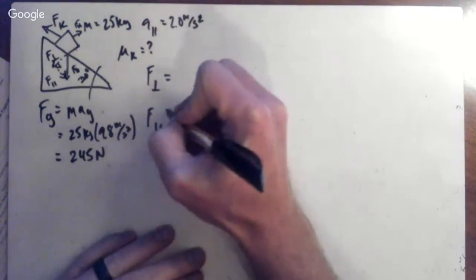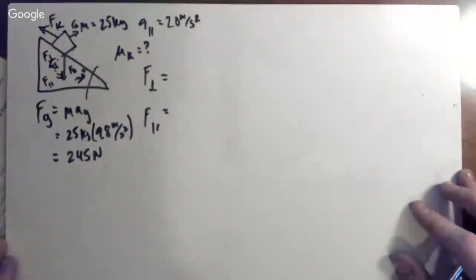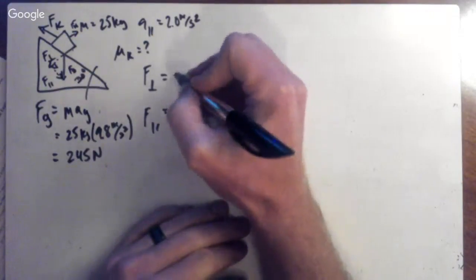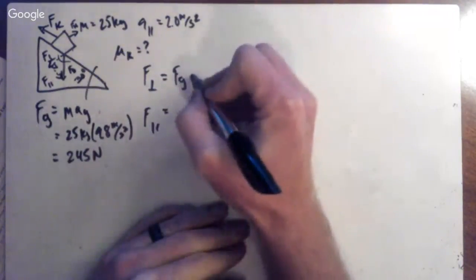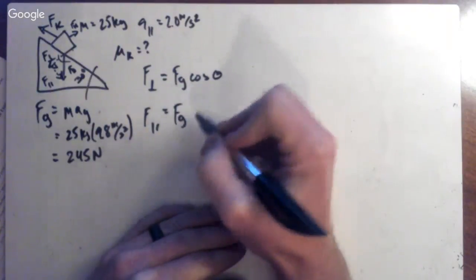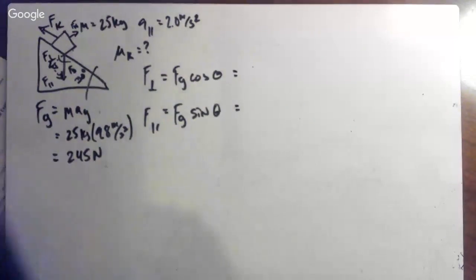So if this one leaves you a little bit mystified, feel free to check that one out. So F perpendicular is equal to our Fg, and it's our adjacent side to that angle. So it's Fg times the cosine of theta. And similarly, our parallel is the same deal, but with sine. So let's go ahead and calculate that.